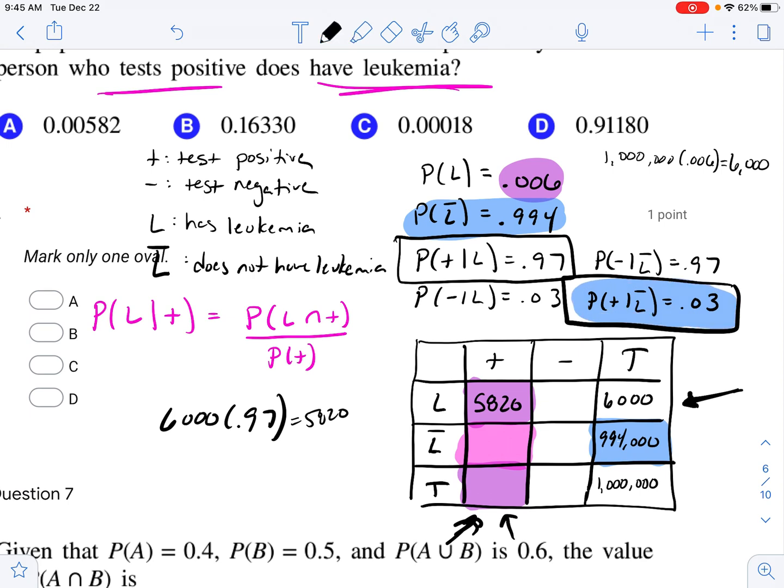Of the people that don't have leukemia, of these 994,000 people, 3% of them are still going to test positive. So if I multiply those numbers together, I'm getting 29,820.